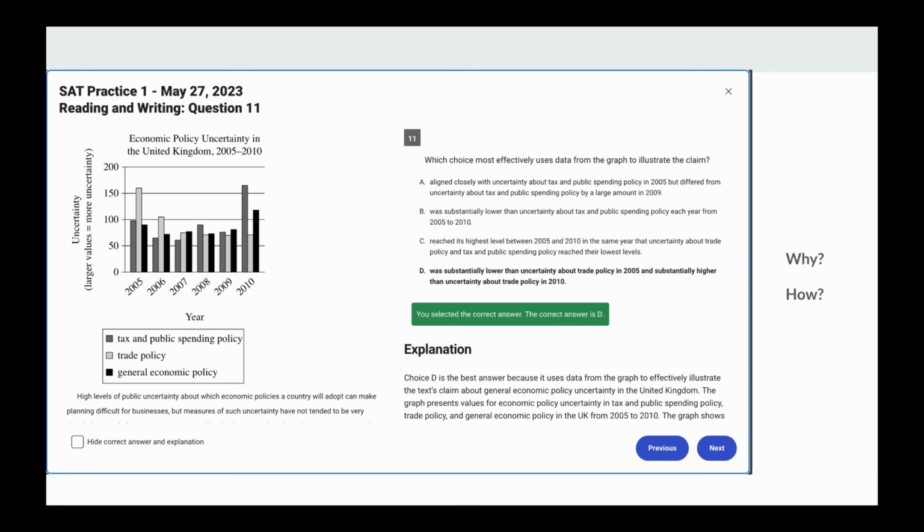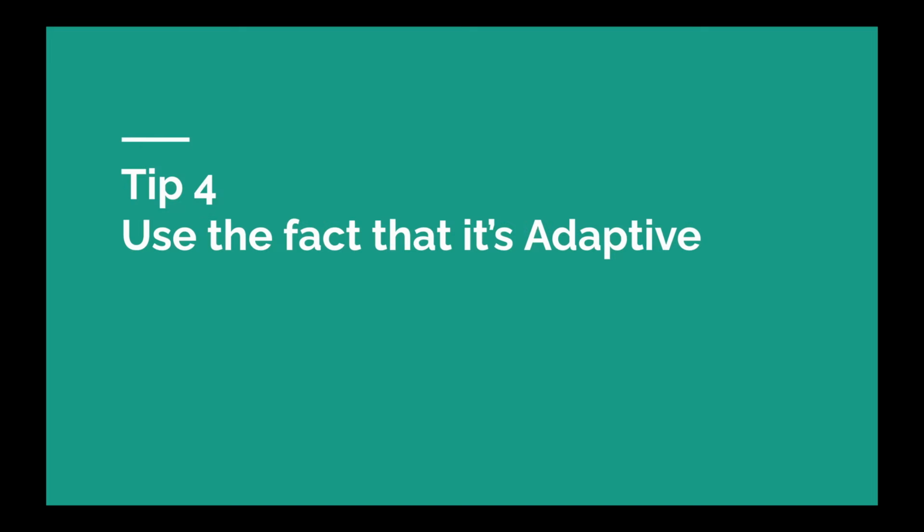Like, they create different questions, but the correct answer always follows some kind of pattern, because they 100% have some algorithm for creating the questions, because they cannot create 100% new questions from scratch every single time. So if you read the explanations given by College Board and if you review your mistakes consistently, you will slowly start understanding the patterns in the SAT test, and eventually you'll be able to crack their code.